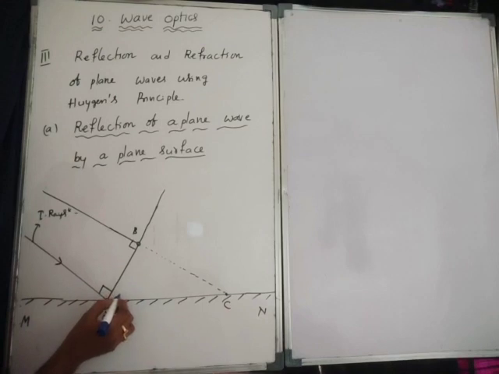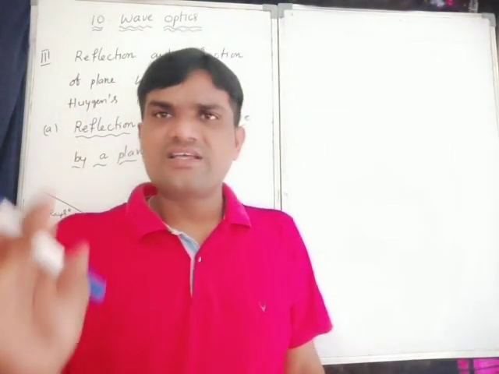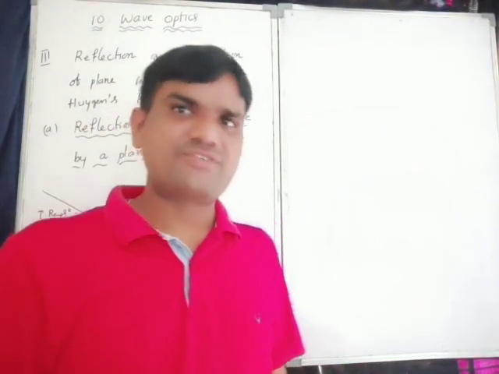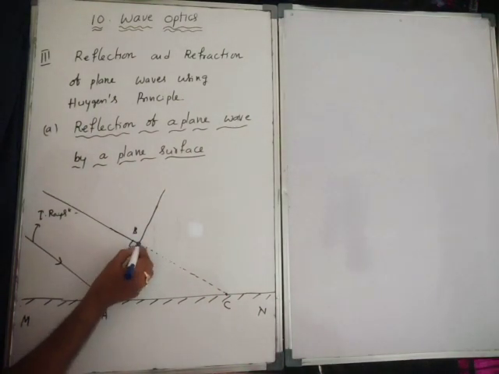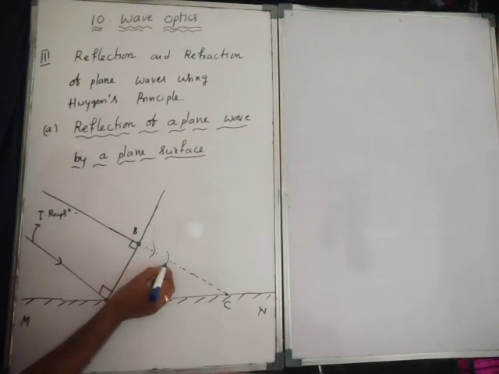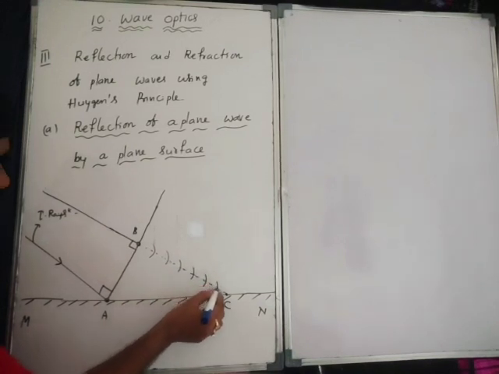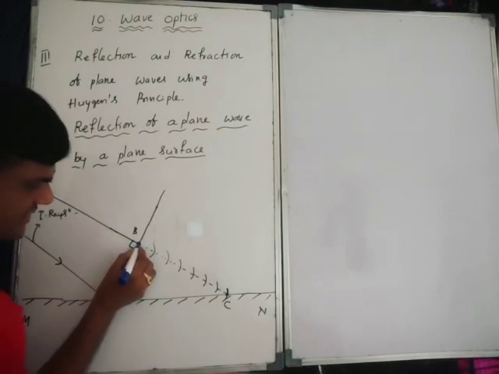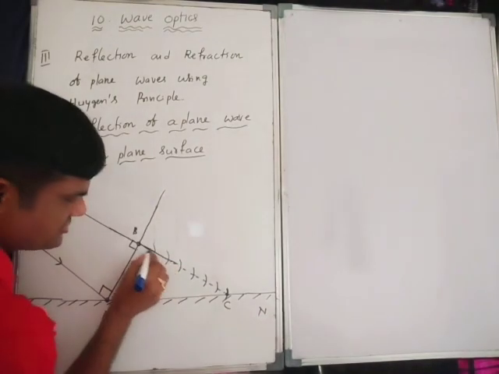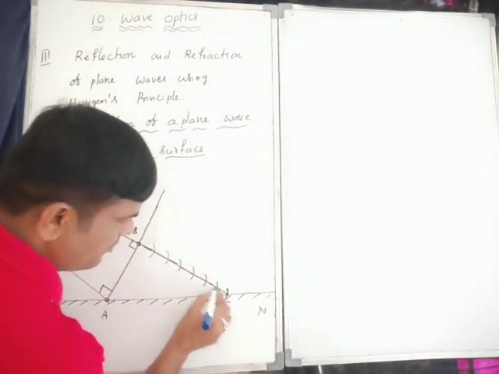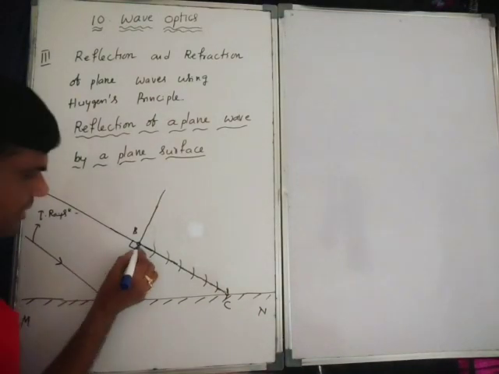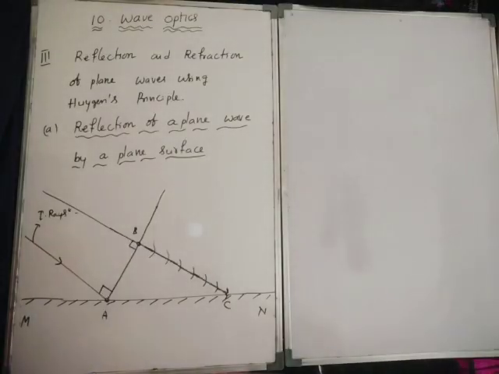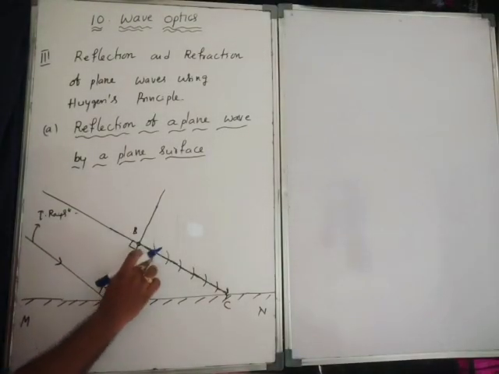So what would happen? One sphere can form here, and I also told you very clearly, secondary wavelets are always in the form of a sphere. For example, this is the secondary wavelet of B. The incident ray, the propagation of the wave, is always perpendicular to the wavefront.